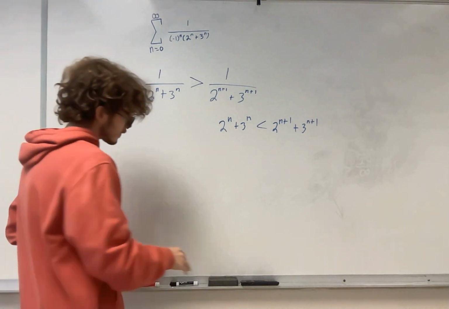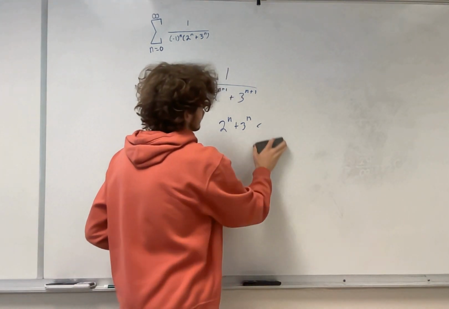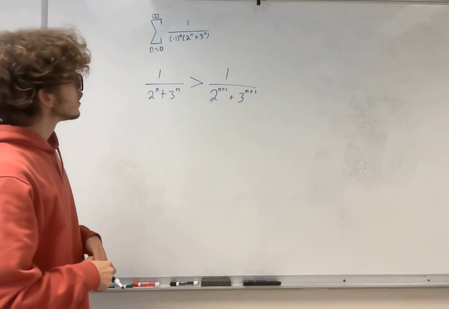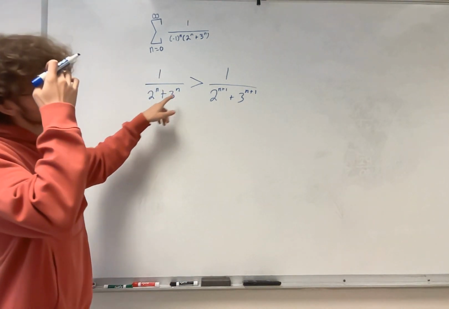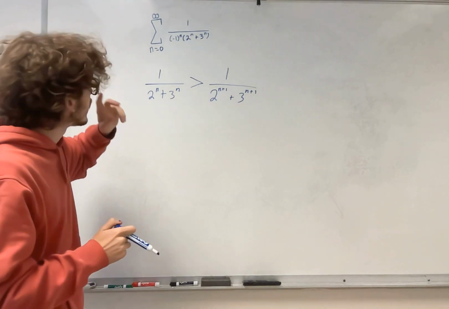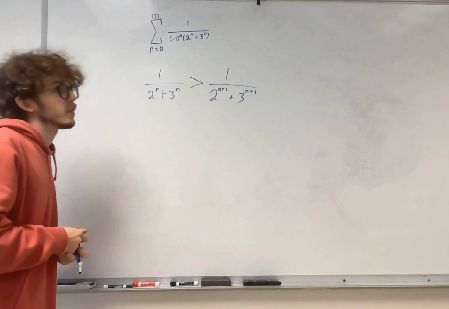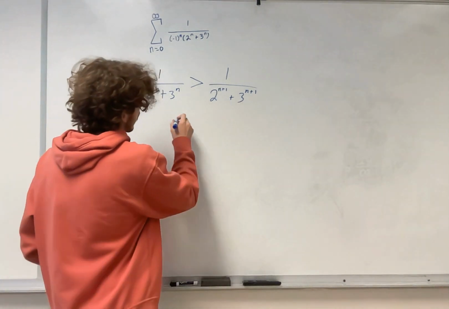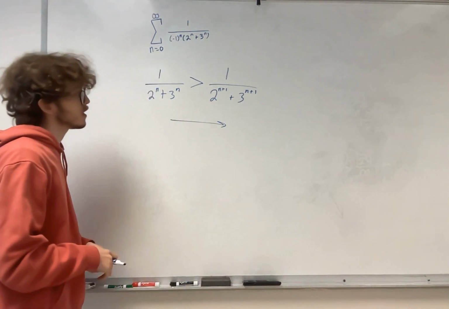Alrighty, so what does this tell us about the series for any term n, right? When we increase our term, we're decreasing our sequence. So hopefully this idea makes sense. Our sequence of terms is decreasing, right?